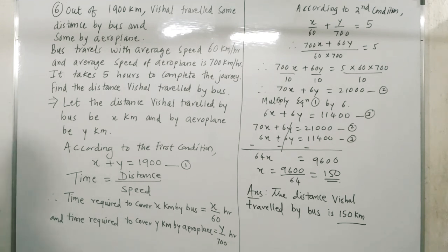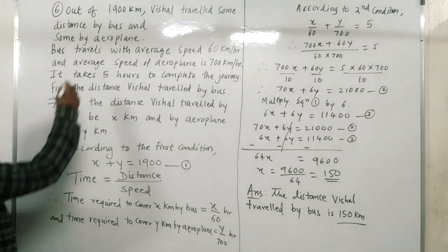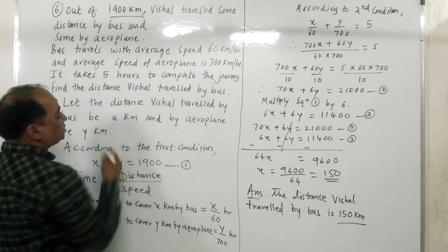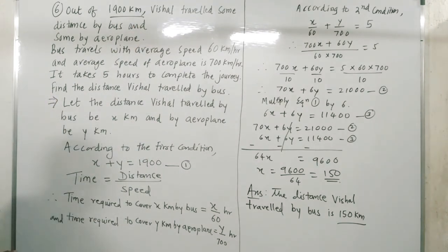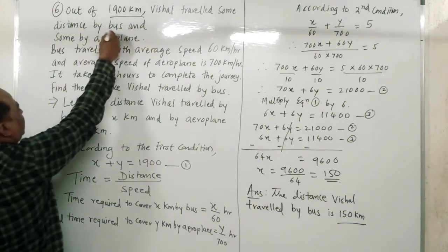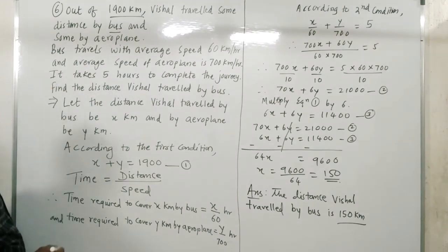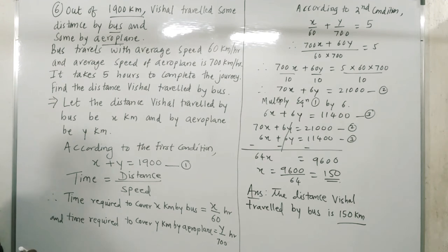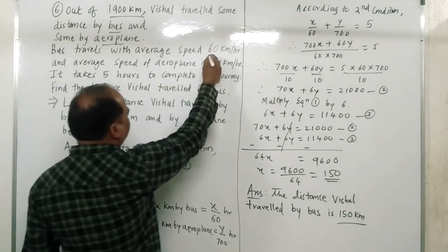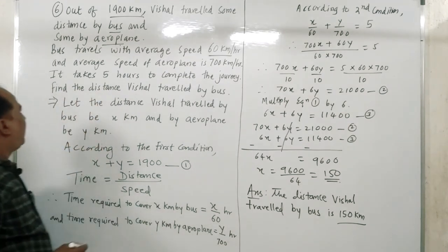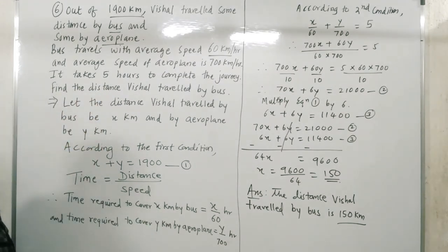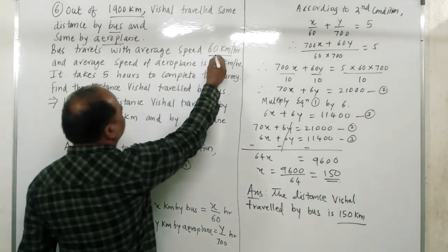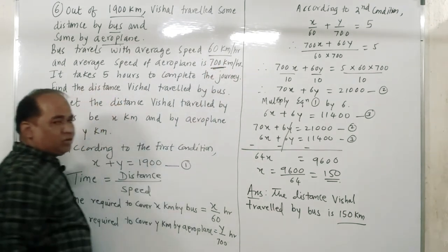Sixth example. Out of 1900 kilometers, Vishal traveled some distance by bus and some distance by aeroplane. The bus travels with an average speed of 60 km per hour, while the average speed of the aeroplane is 700 km per hour.